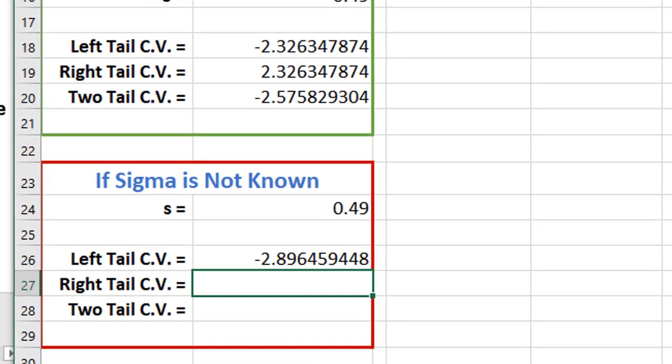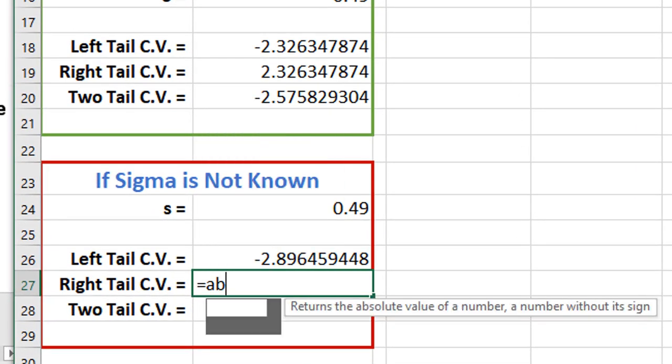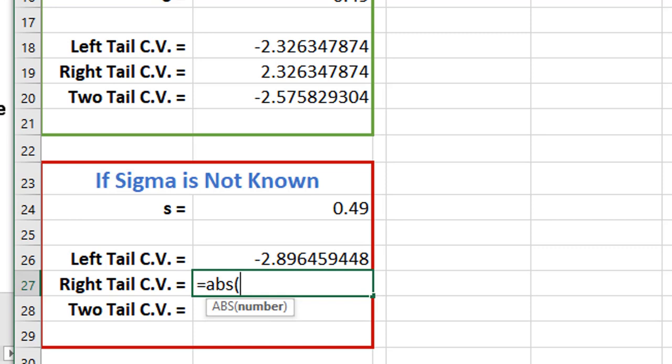So I'll type in equals ABS, click on that cell, close parenthesis, press enter.